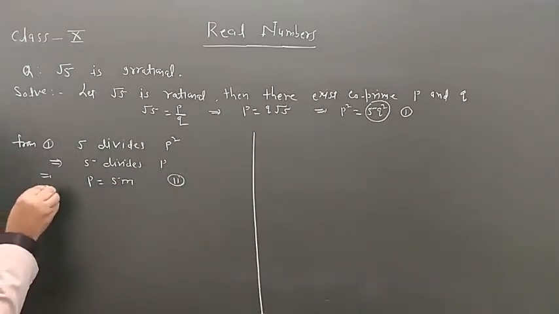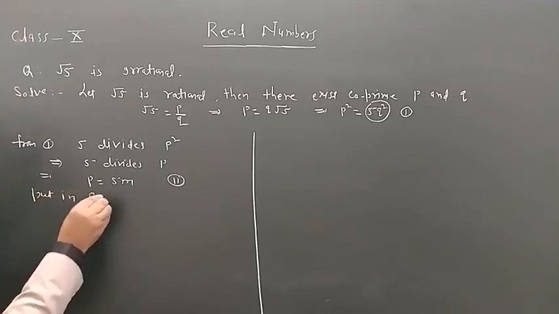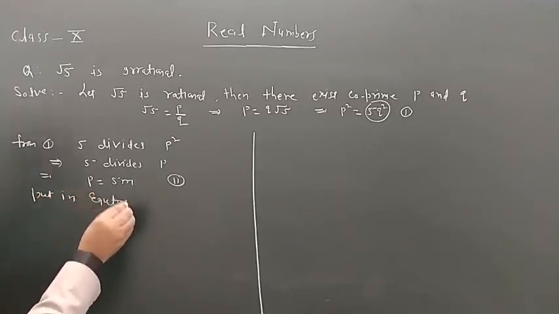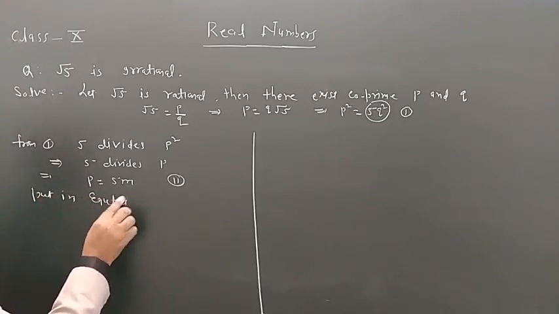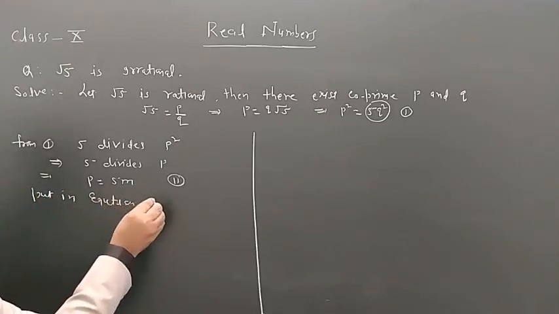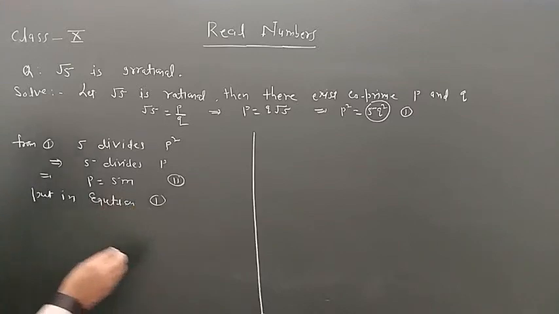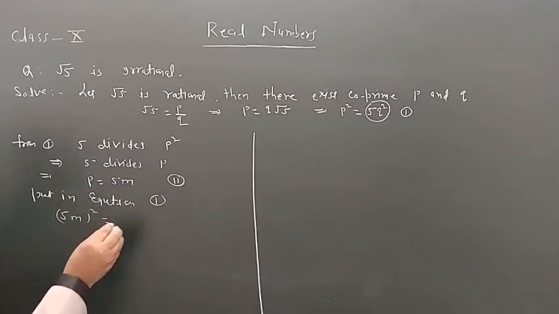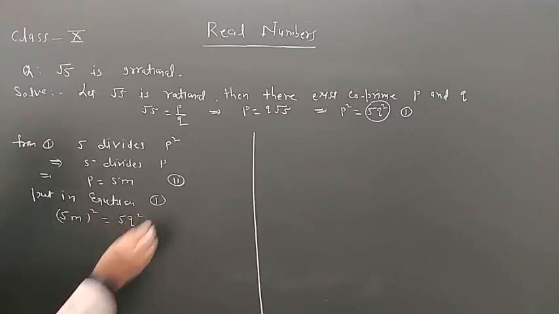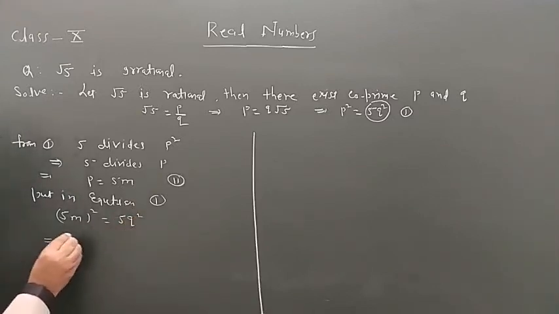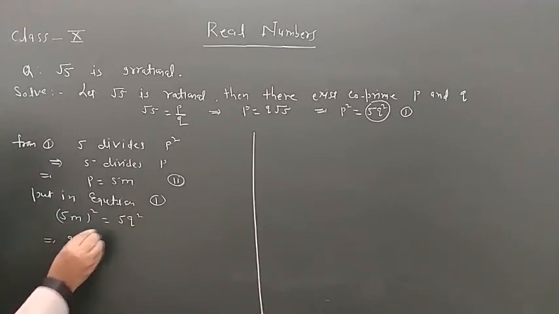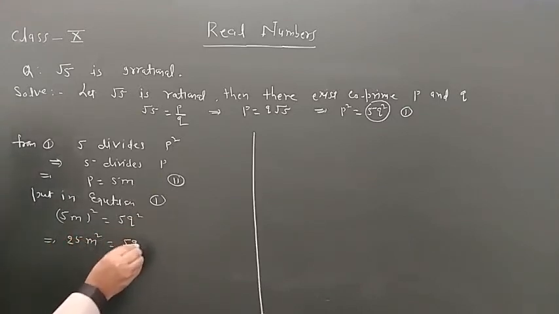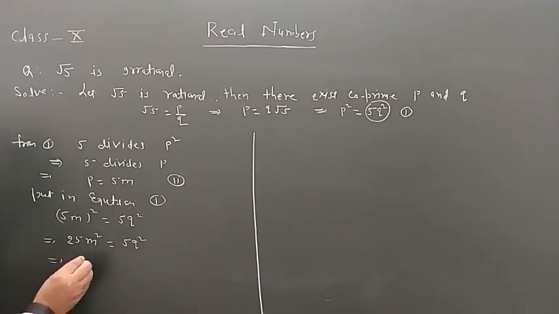Put it in equation first: 5m square equal to 5q square, that means 25m square equal to 5q square, that means q square equal to 5m square.